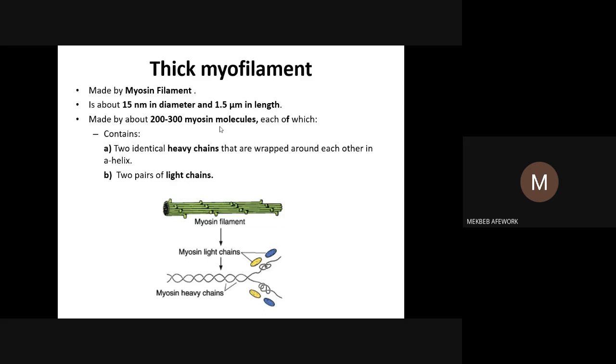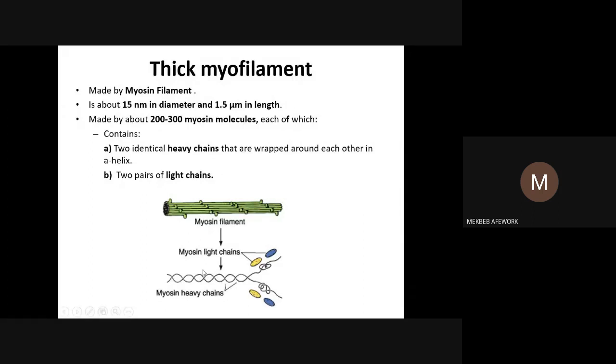A myosin filament, which looks like this, is made by about 300 myosin molecules. And this myosin filament, which is made by about 200 myosin molecules, has the following type of structure.